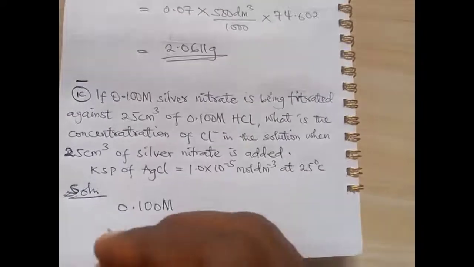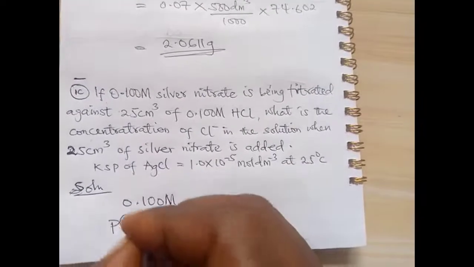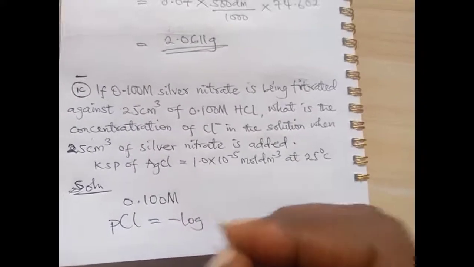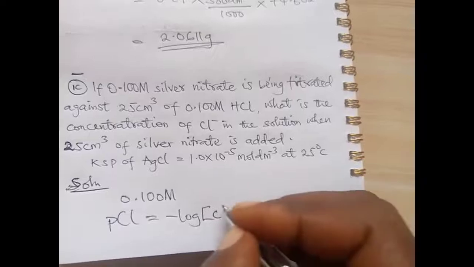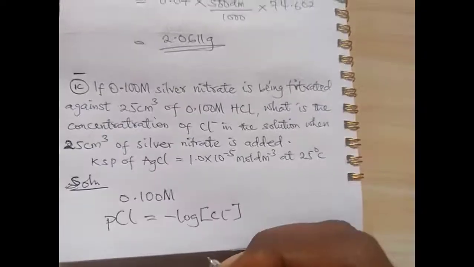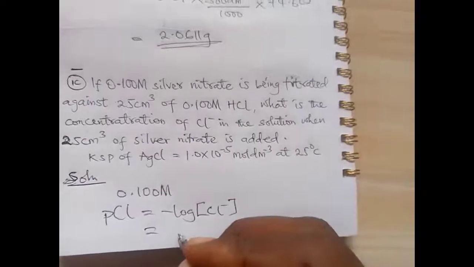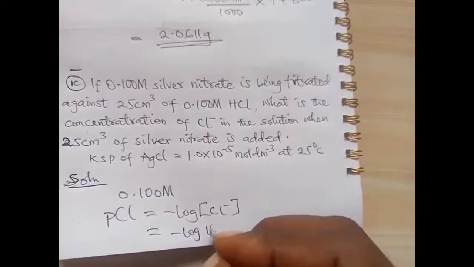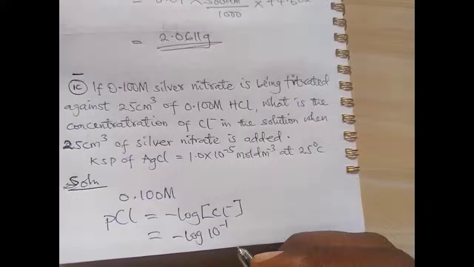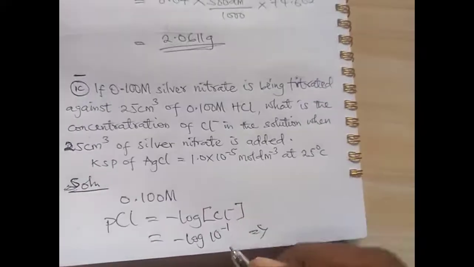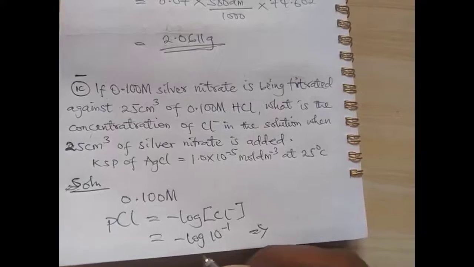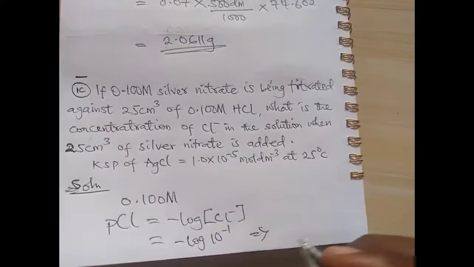Now, the pCl is equal to negative logarithm of the concentration of chloride ion, which is negative logarithm of 10 raised to power minus 1. If we bring this 1 down, it becomes plus. Log 10 base 10 is 1. So 1 times 1 is 1.